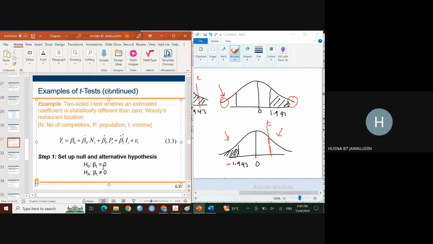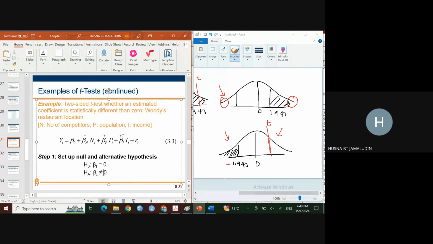Let me give you a brief background. You have your equation: the number of competitors has a negative relationship with the sales of the restaurant, and population has a positive impact on the sales of the restaurant. For income, some of you may think that income will have a positive impact on sales. But in case you are not sure whether income has a positive or negative impact, if you are unsure about the sign of your independent variable towards the dependent variable, normally in econometrics we use a two-tail test.